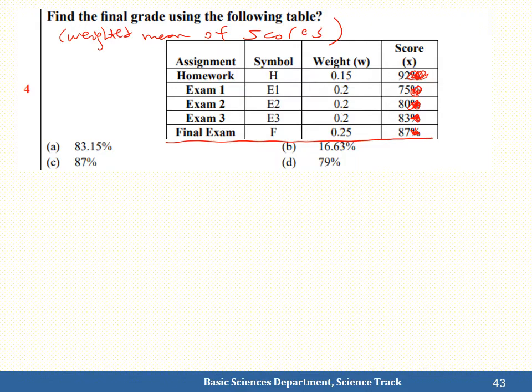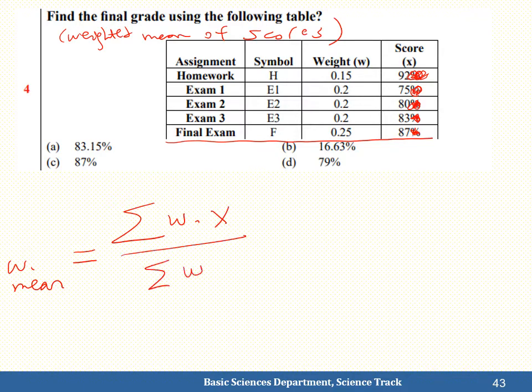We know the formula for the weighted mean: we multiply the weights with the data values, divided by the sum of the weights.